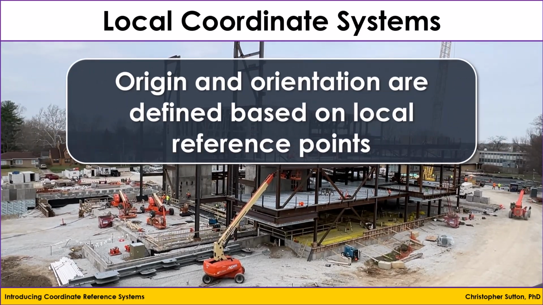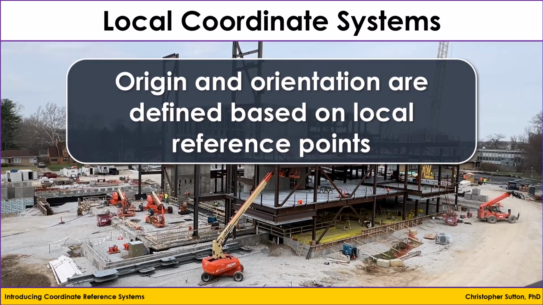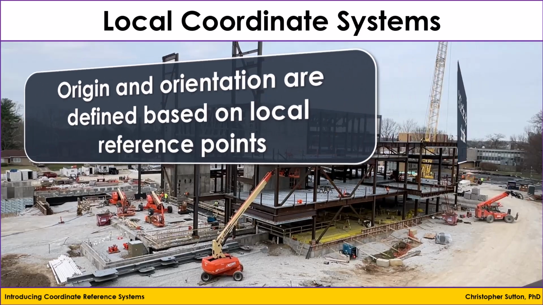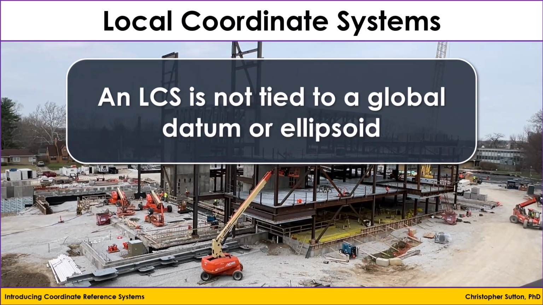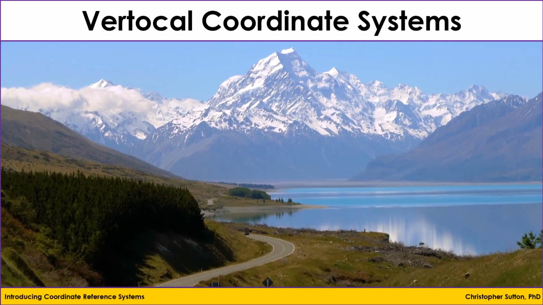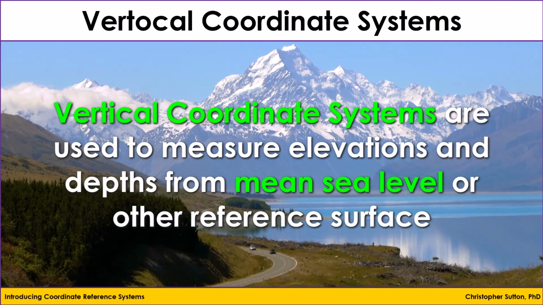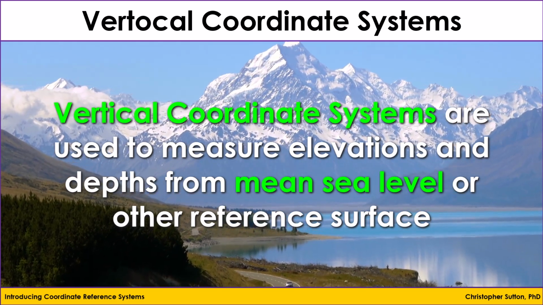The origin and orientation of the system are defined based on a local reference point, which could be the corner of a building or a survey marker. Local coordinate systems are not tied to a global datum or ellipsoid. Finally, we have vertical coordinate systems, which are used to measure elevations and depths. They are based on mean sea level or other reference surface.